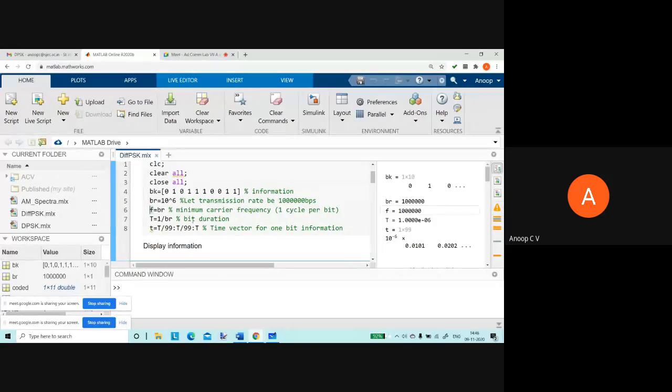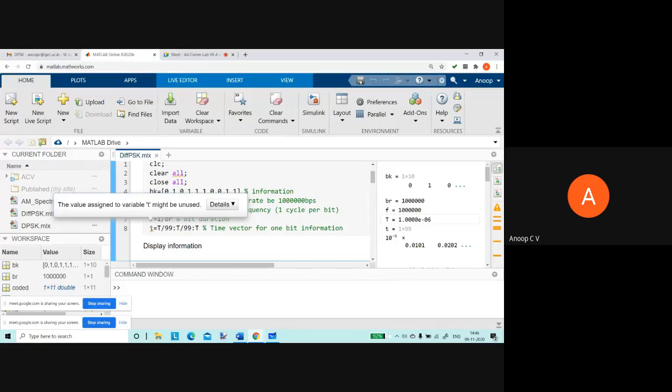That's why I have assumed the carrier frequency to be numerically equal to the bit rate. Then bit duration T is 1 by bit rate. This is 1 bit duration. And now I am defining a time vector for 1 bit duration.